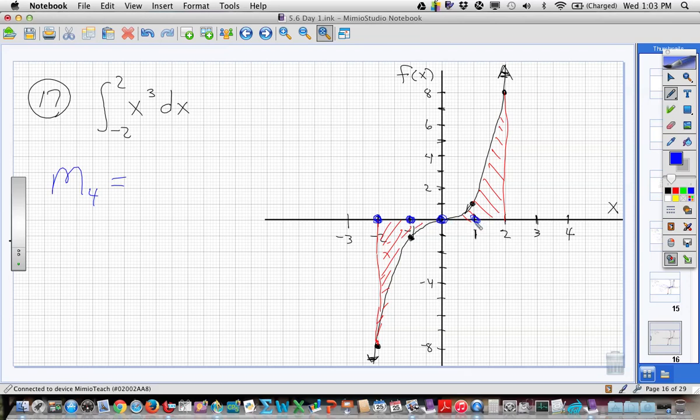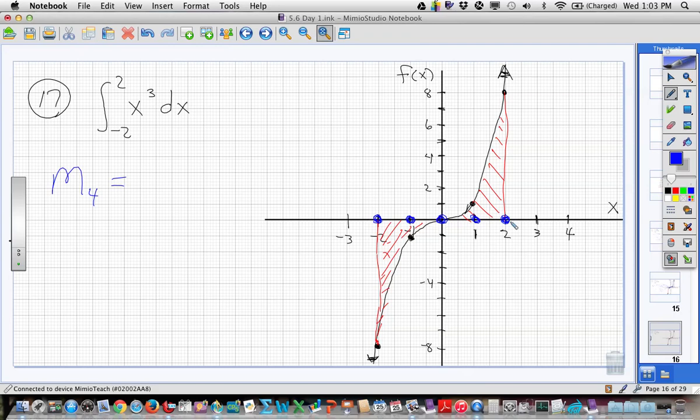I kind of had mine done ahead of time, so I got a little advantage over you guys having to draw all this stuff. So slow down a little bit here. But you got those 4 subintervals. The width is still 1, even though we're doing midpoint. That doesn't change.